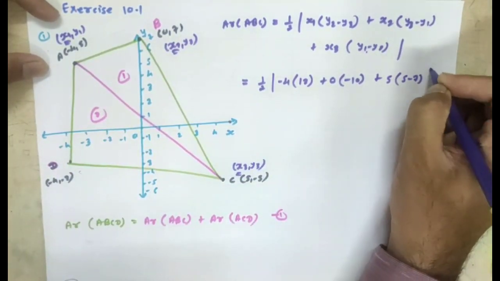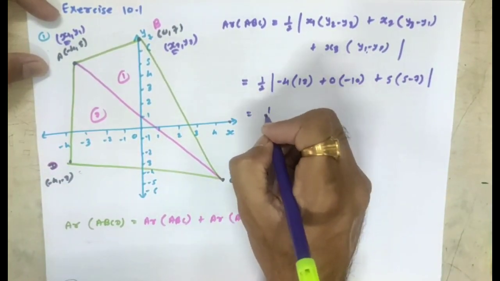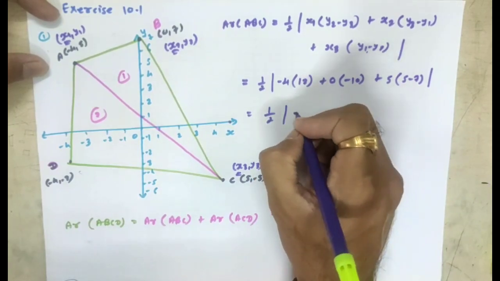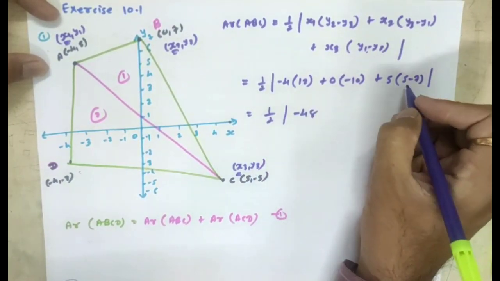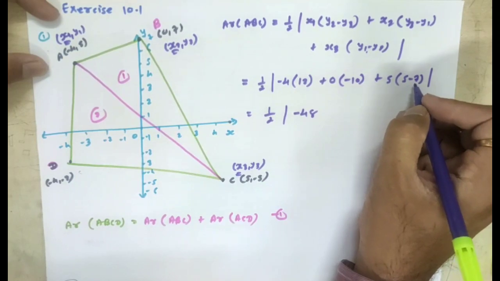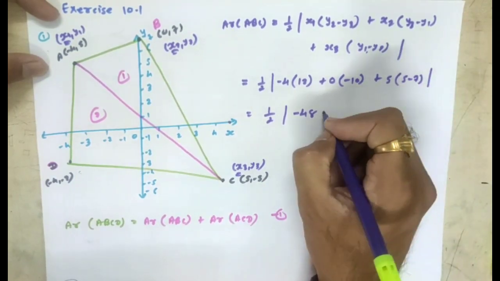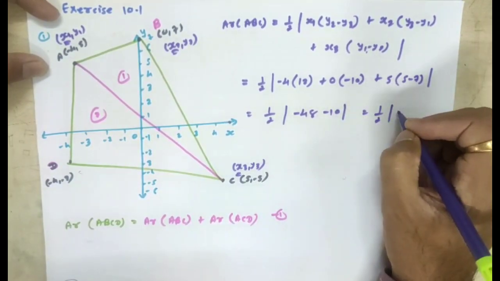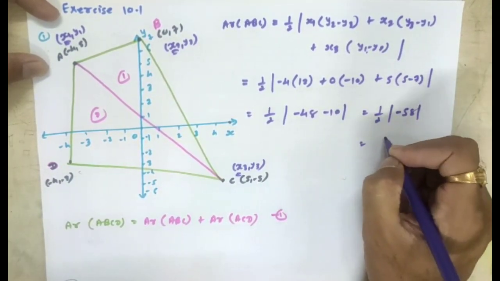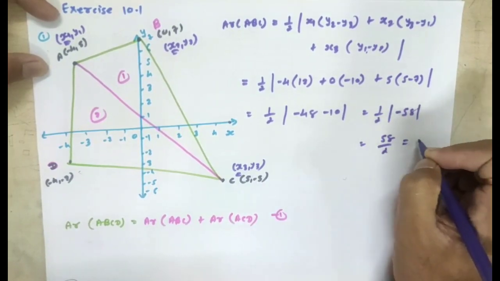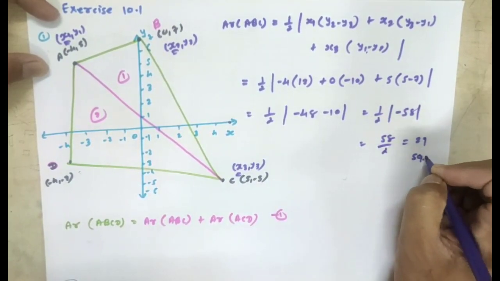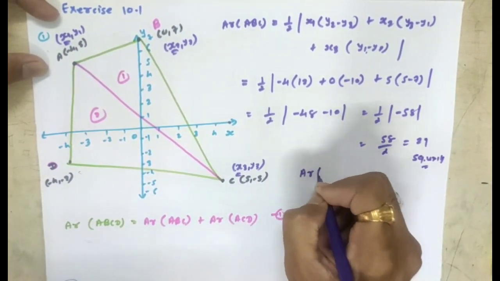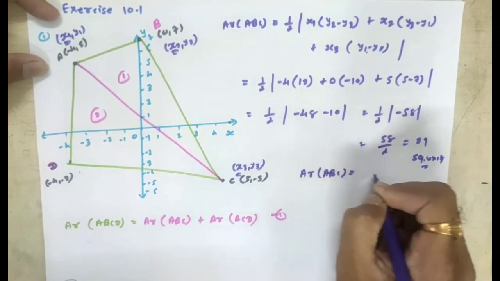This is equal to 1 by 2 mod of (-48 plus 5 into minus 2, minus 10), which is 1 by 2 into minus 58. So it is 58 by 2, equal to 29 square units. 29 square units is the area of triangle ABC.